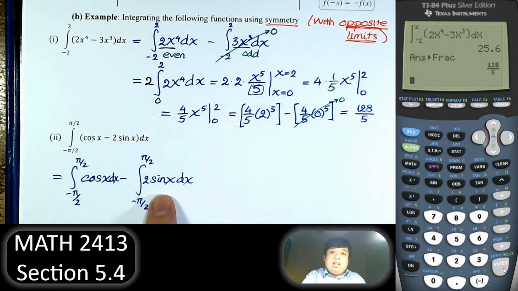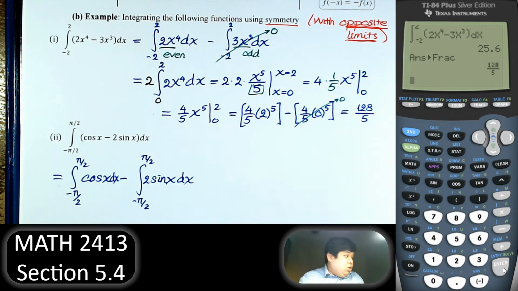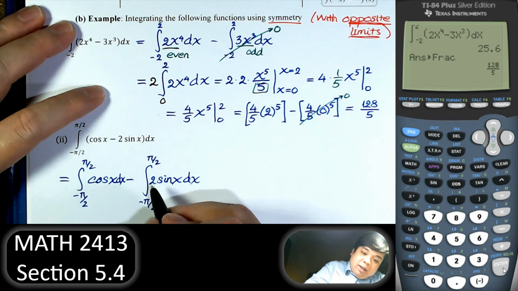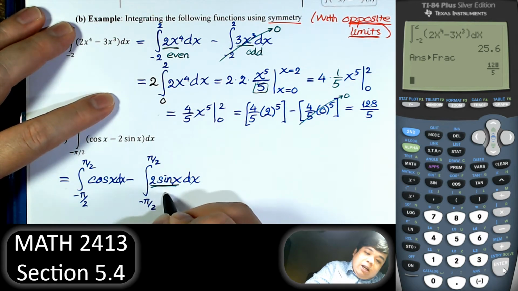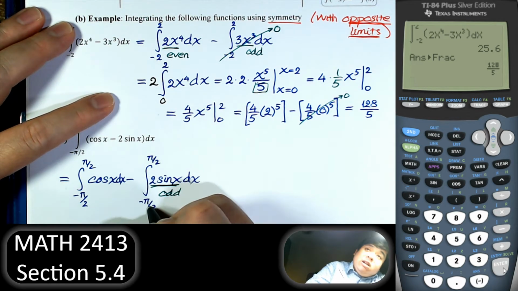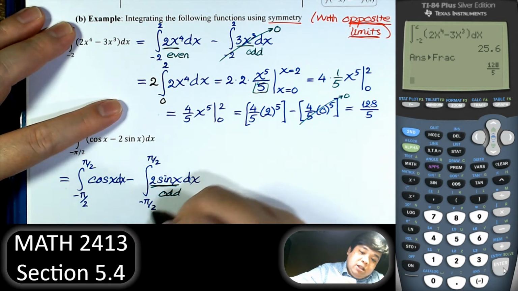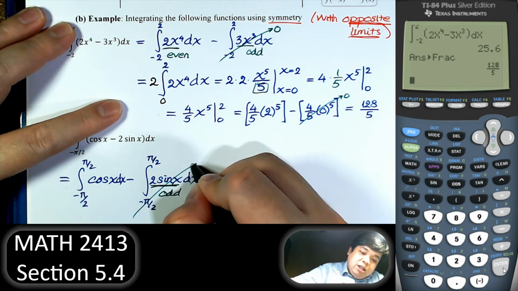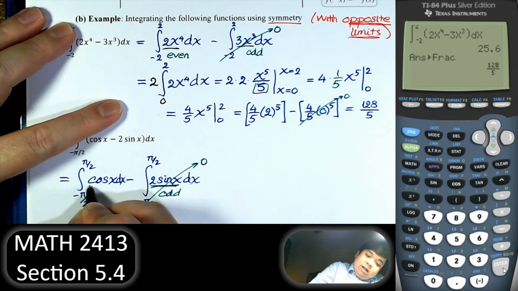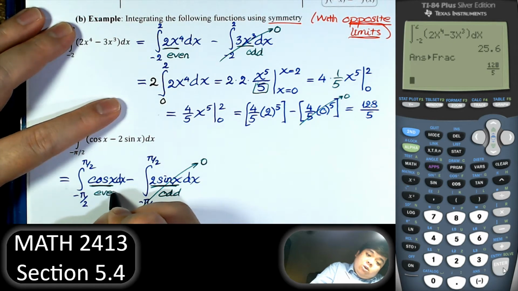If the function inside is undefined, we cannot say anything, cannot use this here. So sine, this function is odd, the limits are opposite to each other, this goes to 0. This function is even, so it's going to be double the half.